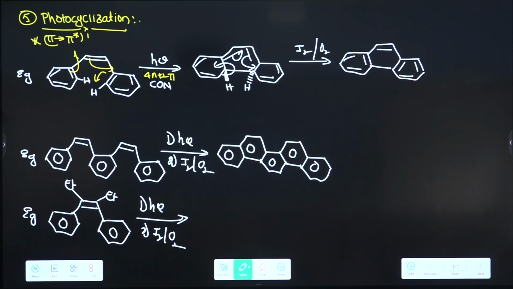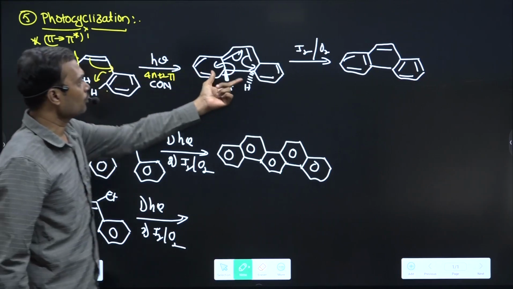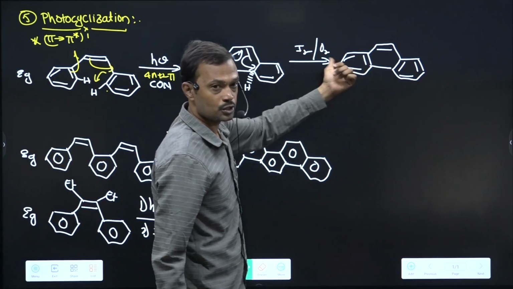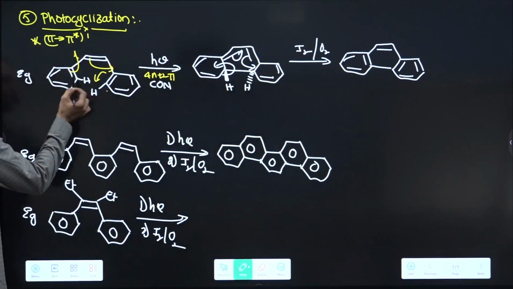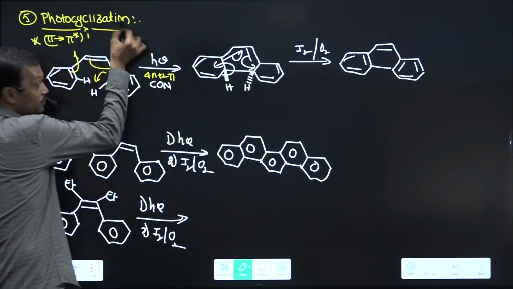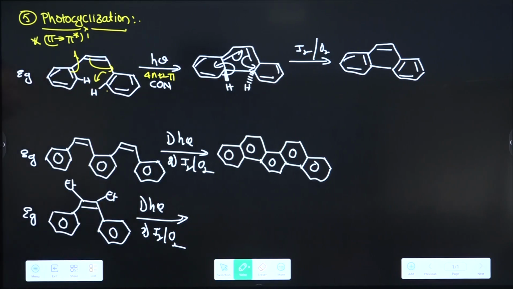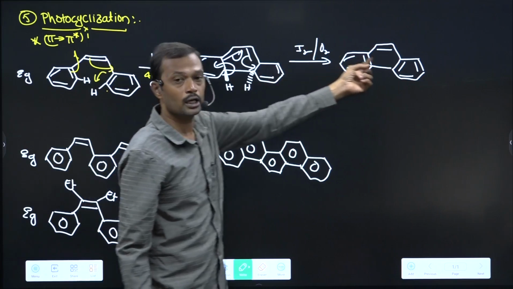So that is the photochemistry of benzene. Cyclization reaction is very easy. With the help of benzene, the external double bond is involved in cyclization followed by dehydrogenation. So that is called cyclization. See, initially this benzene is not connected. Now later on they are connected. That's why it is called cyclization. So this is given up to the pericyclic step, then followed by dehydrogenation.